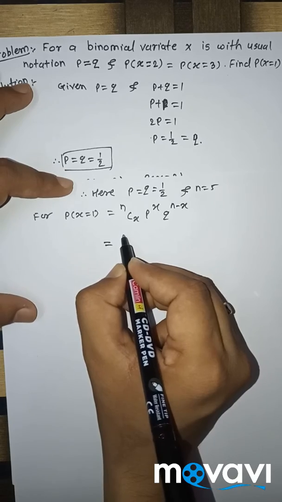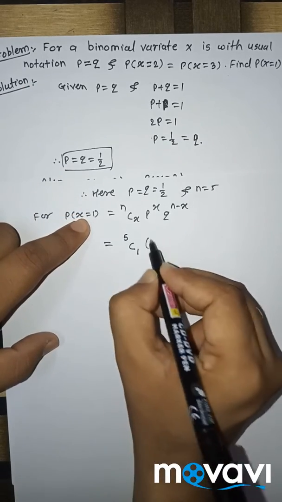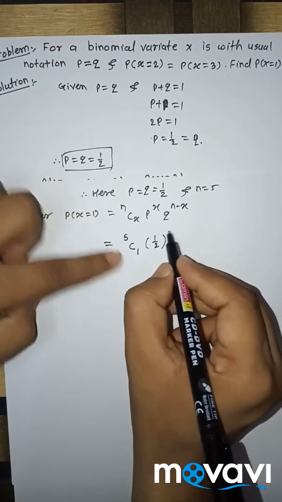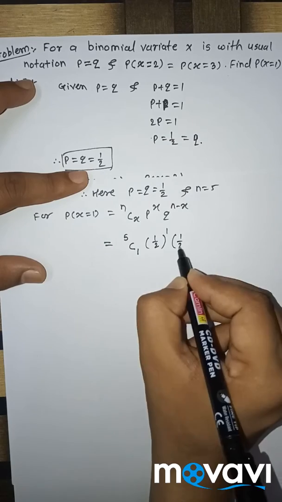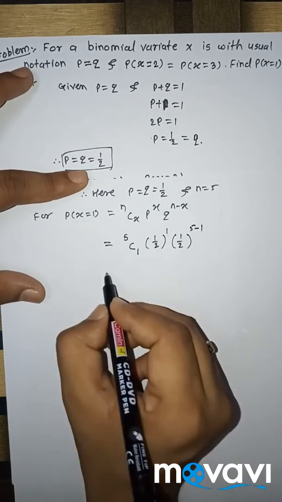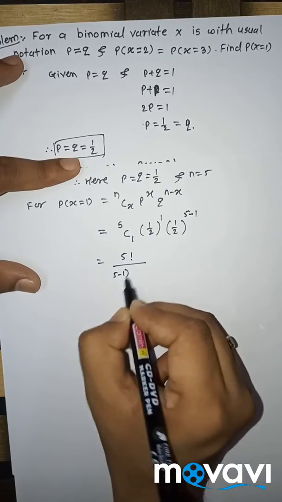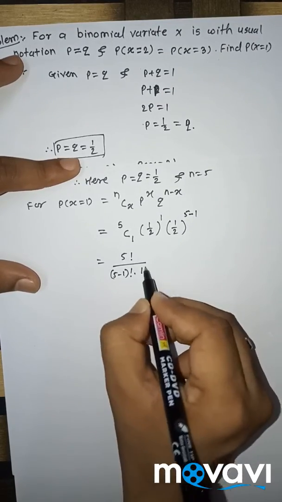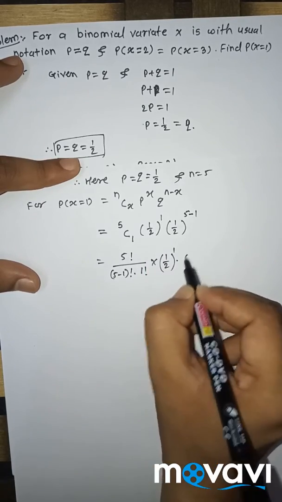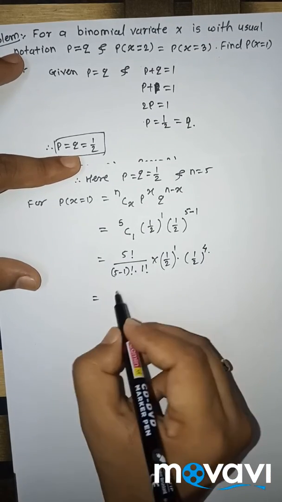This is equal to, value of n is 5, C, x is 1, p is half raised to x into half raised to n minus x, n is 5, x is 1, 5 factorial upon 5 minus 1 factorial into 1 factorial into half raised to 1 into half raised to 5 minus 1 is 4.